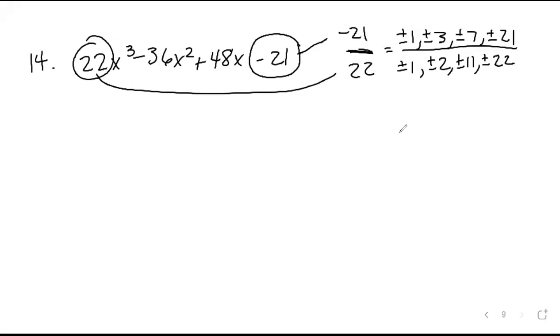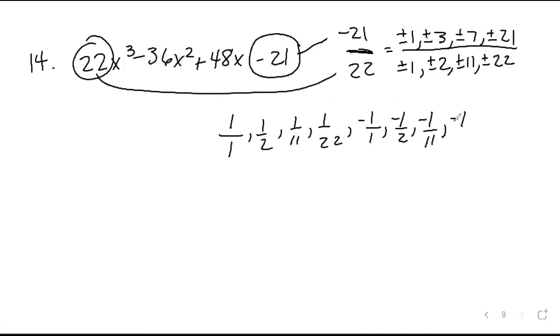So we could list 1 over each of these: 1 over 1, 1 over 2, 1 over 11, 1 over 22. We could also go negative 1 over 1, negative 1 over 2, negative 1 over 11, negative 1 over 22.